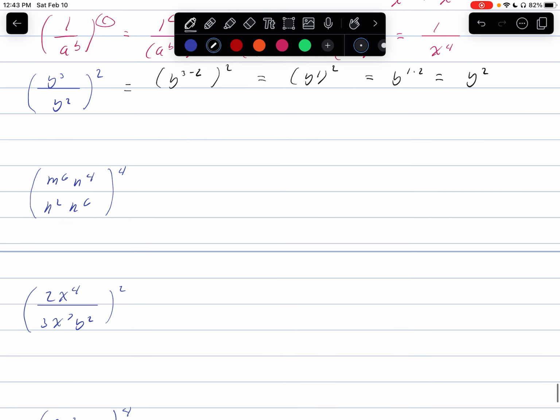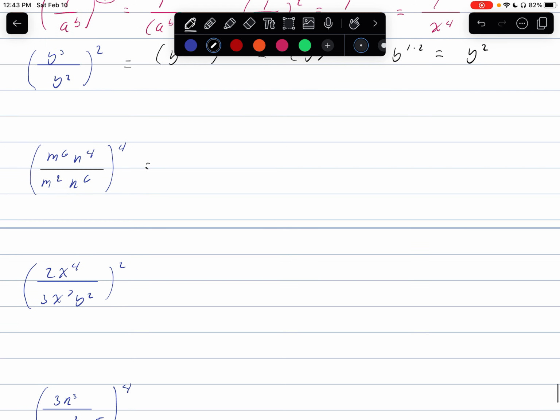Let's take a look at this one. Here we have m to the sixth times n to the fourth over m squared times n to the sixth. I think that was supposed to be probably m squared here. I'm going to go m squared. Okay, so let's go ahead and see what we can find here.